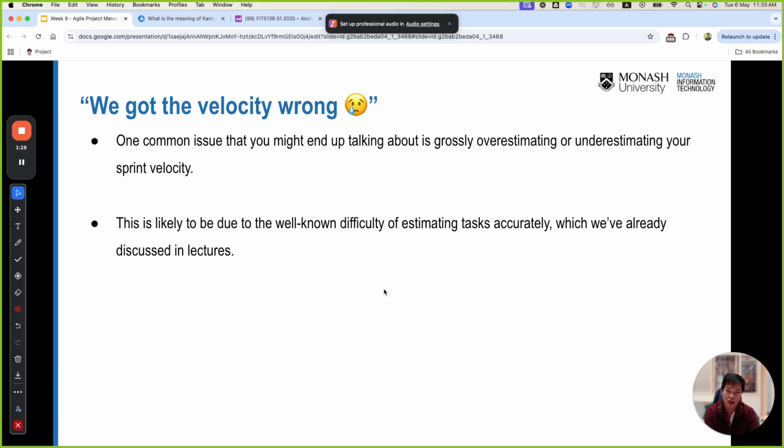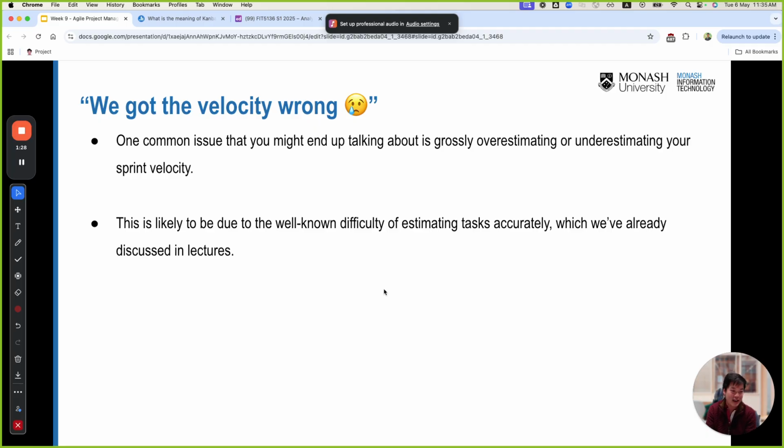And sometimes we get the velocity wrong as well. One of the common issues that you might end up talking about is grossly overestimating or underestimating your sprint velocity. We have one feature to develop, but that feature takes a week, and then over the week, you cannot even complete that feature.